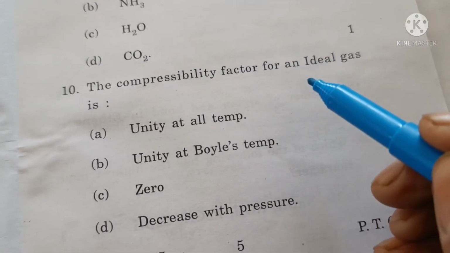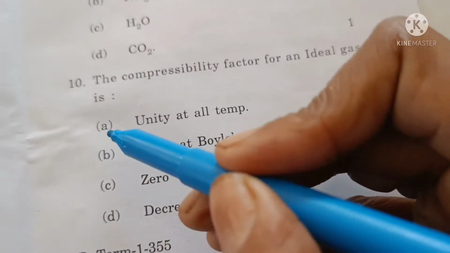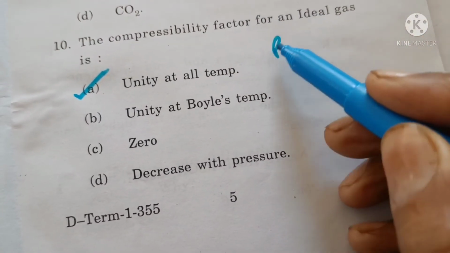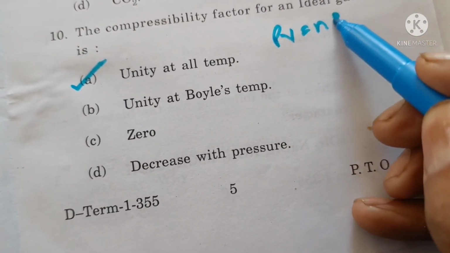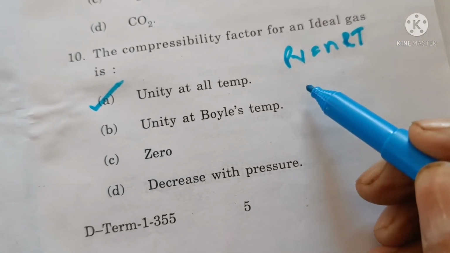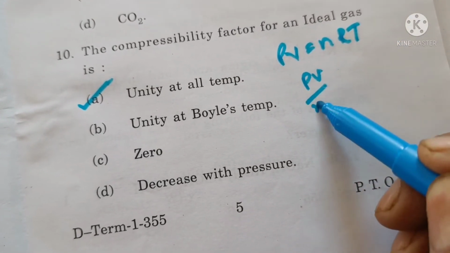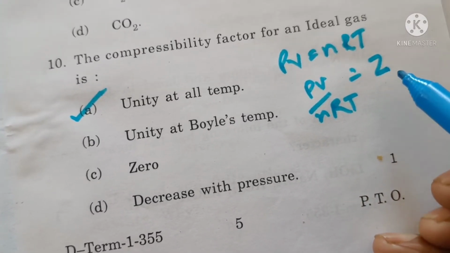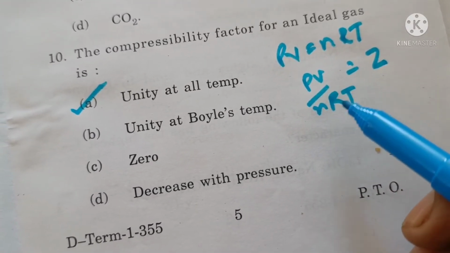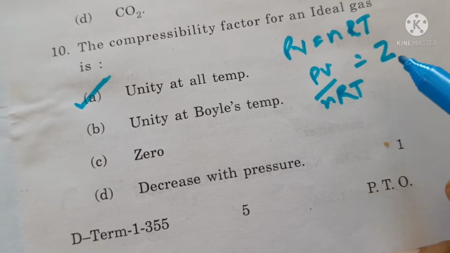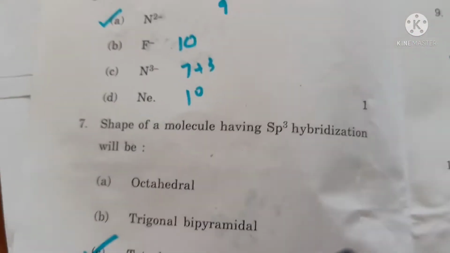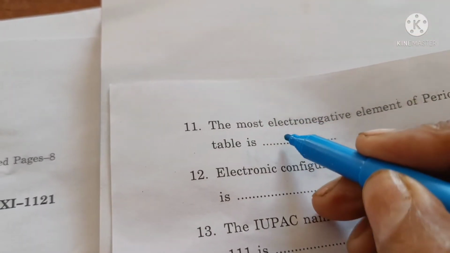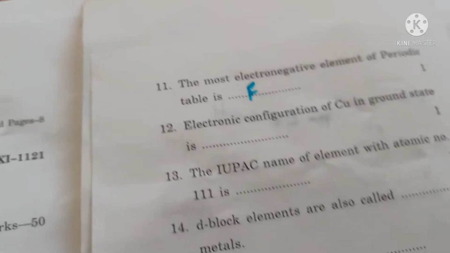The compressibility factor for an ideal gas is unity at all temperatures. For ideal gas, PV is equal to nRT at all temperatures, and PV upon nRT is the compressibility factor Z. So because PV is equal to nRT, the answer comes out to be 1 at all temperatures. Most electronegative element of periodic table is fluorine.